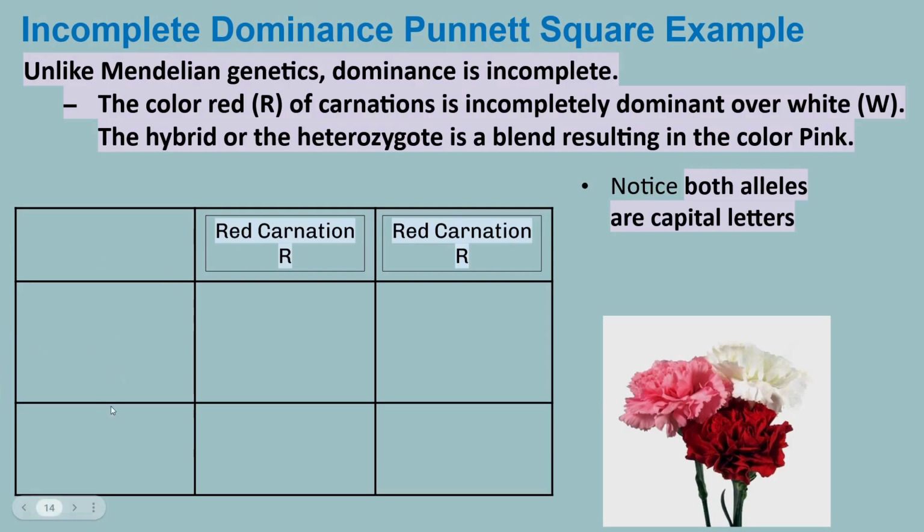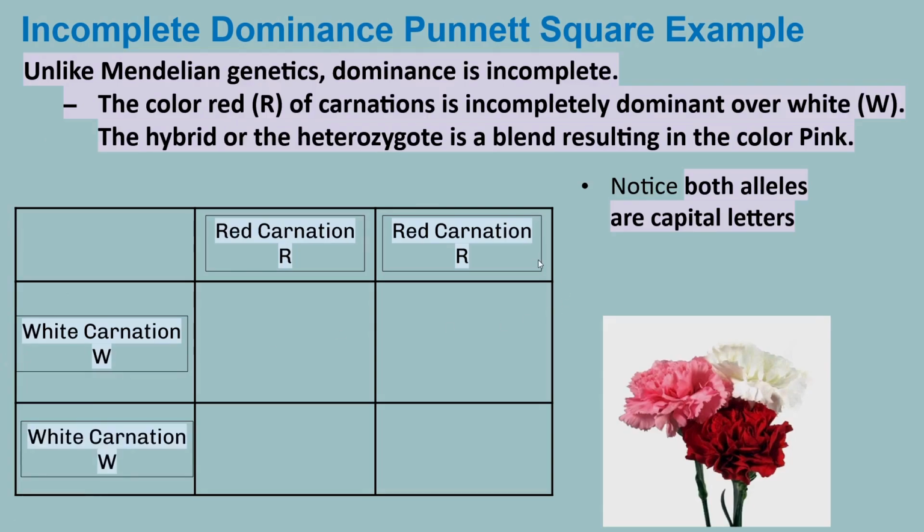Now along this side over here, we're crossing it with a white carnation. A white carnation must have two white alleles, so your parents over here are capital W for white carnation and another capital W for a white carnation.